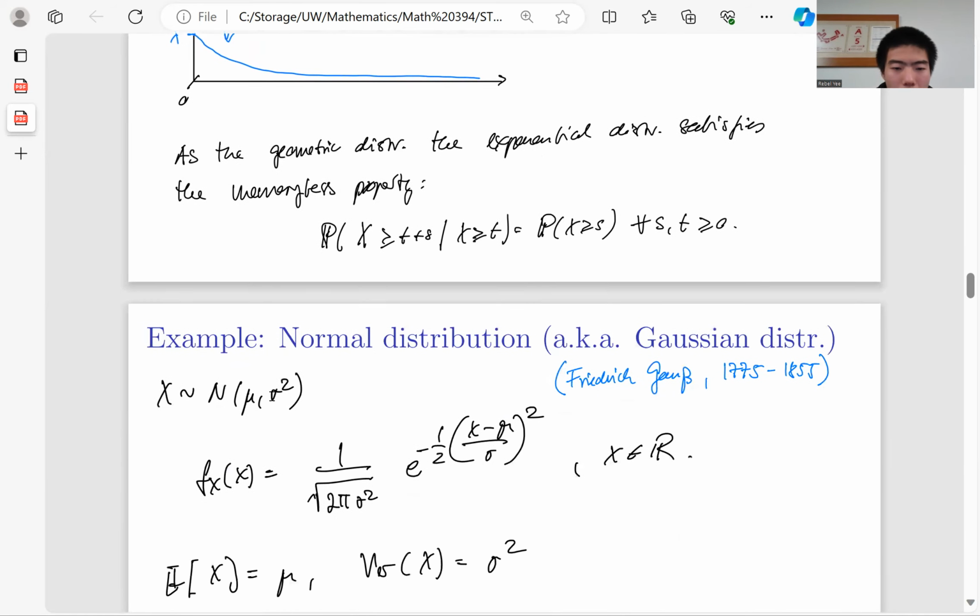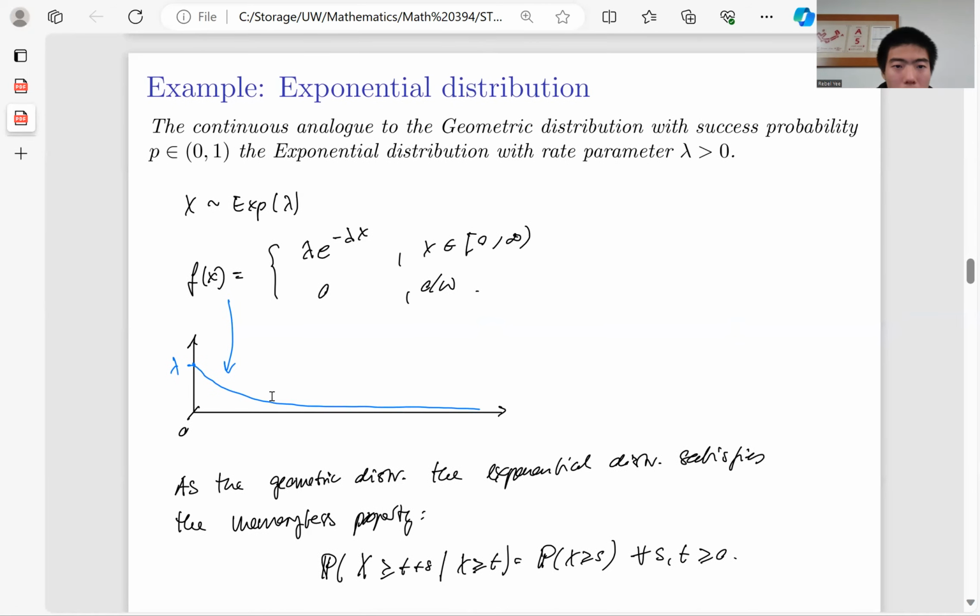Another property of the exponential distribution is that the probability of x greater than or equal to t plus s, given that x is greater than or equal to t, is just equal to the probability of x greater than or equal to s, because it cancels out.